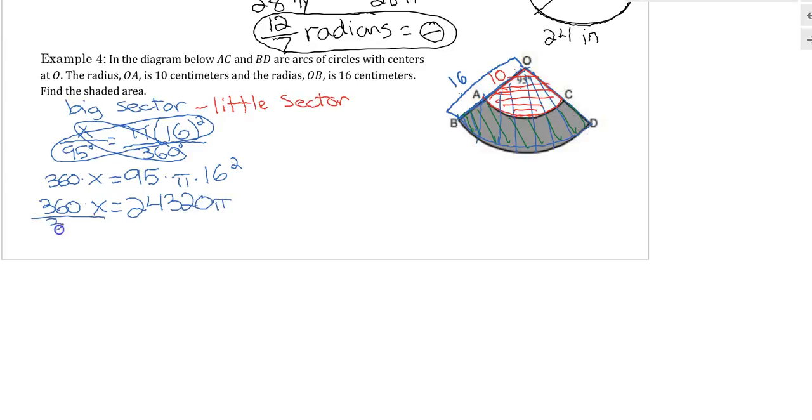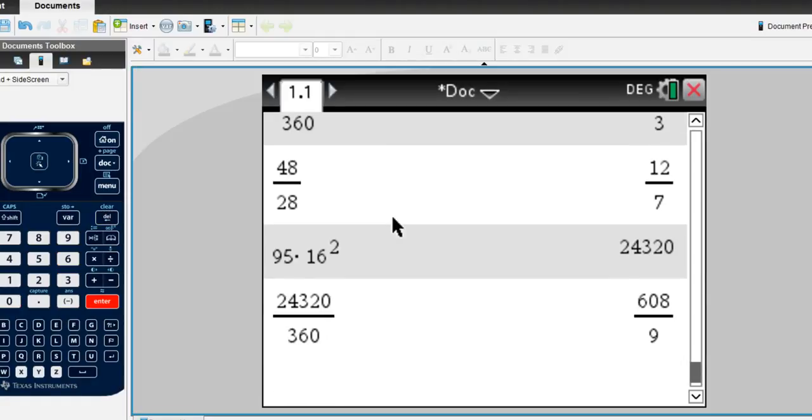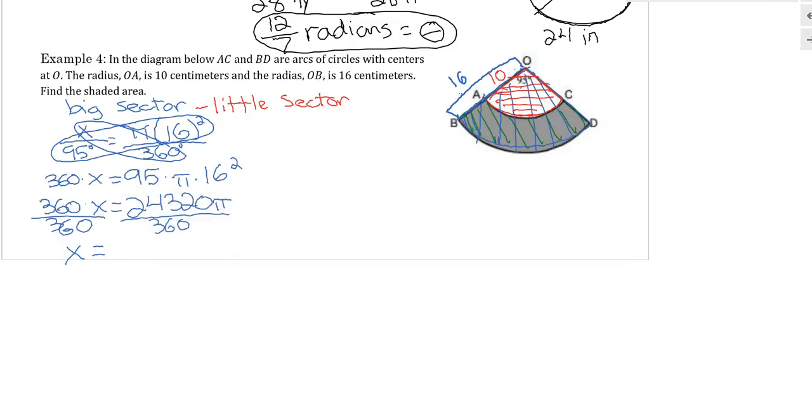I'm going to divide both sides by 360, and I get 608/9. So 608 pi over 9.